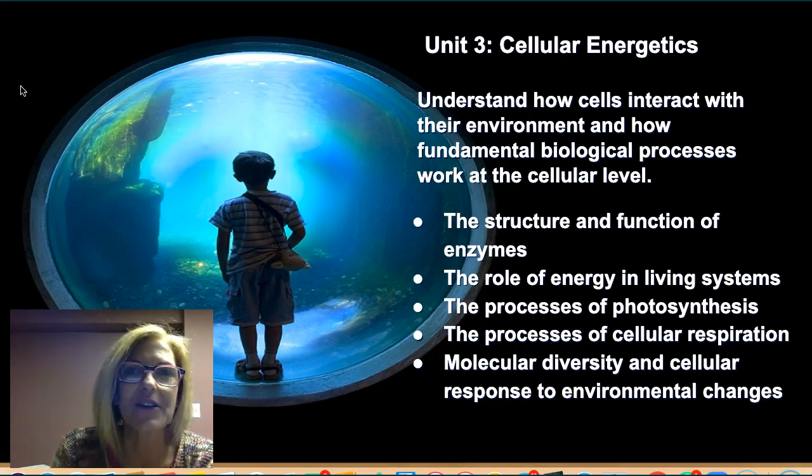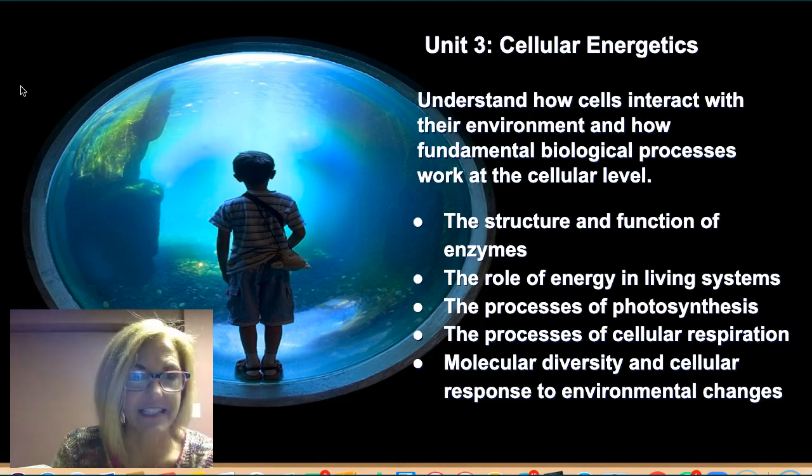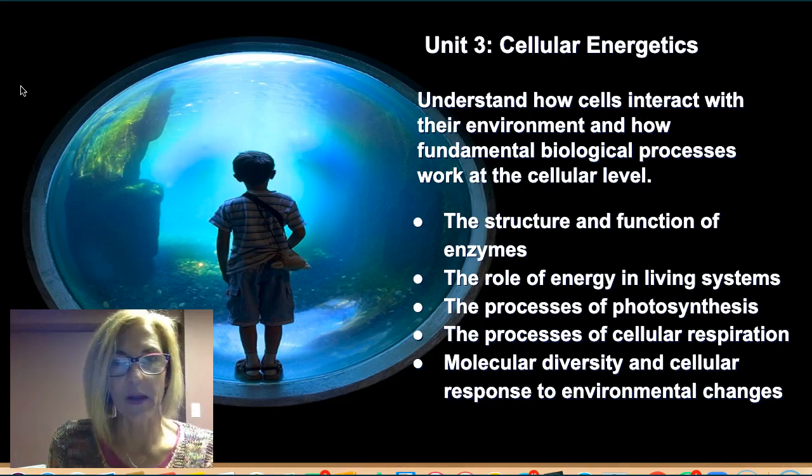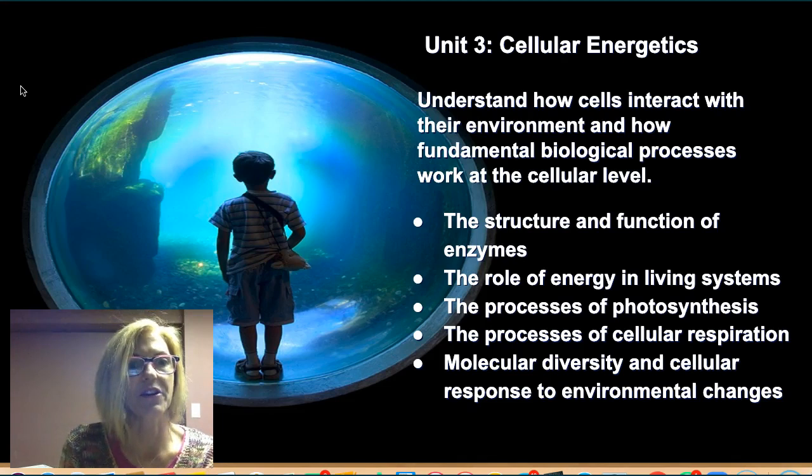So we're going to talk about Unit 3, Cellular Energetics. And I think as soon as you hear energetics, you're thinking of enzymes, you're thinking of photosynthesis and cellular respiration. The big thing is being able to explain how organisms obtain, transfer, and use their energy, how we interact with our environment, and how fundamental processes work at the cellular level, so looking for connections.